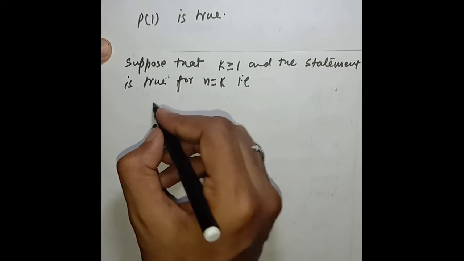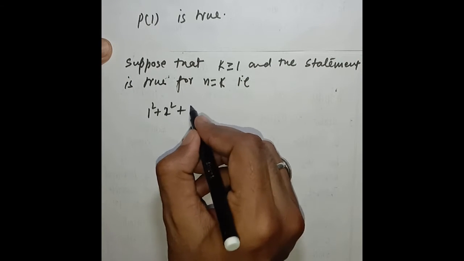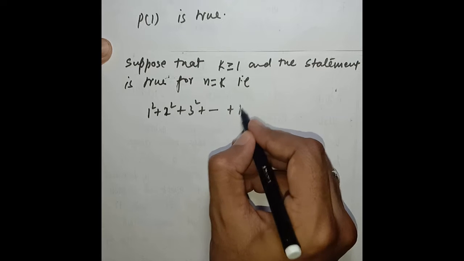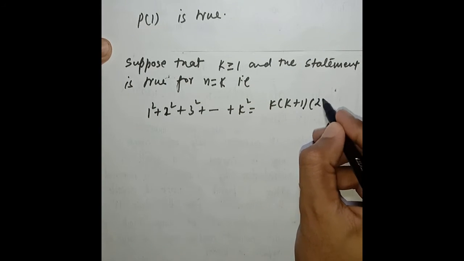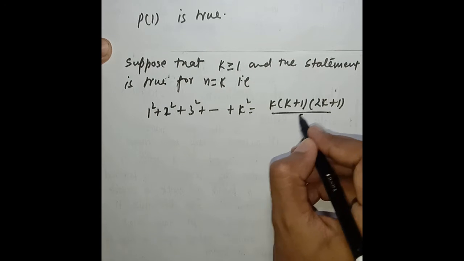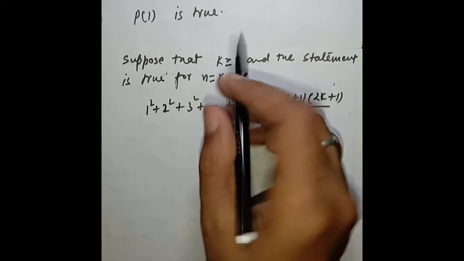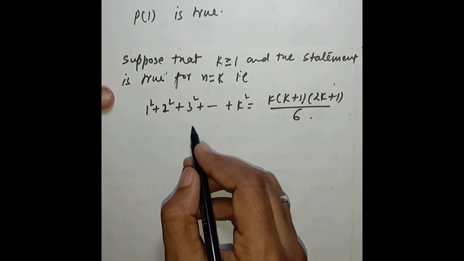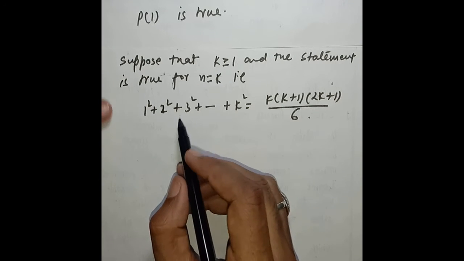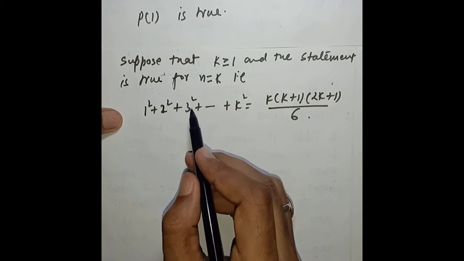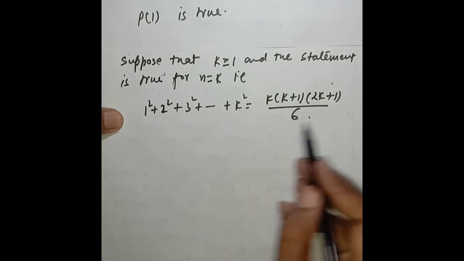That is, suppose that 1 square plus 2 square plus 3 square plus ... plus k square is equal to k plus 1, 2k plus 1 over 6. This is our induction hypothesis. Now the next step is we will prove that the statement is also true for n is equal to k plus 1 with the help of this assumption.